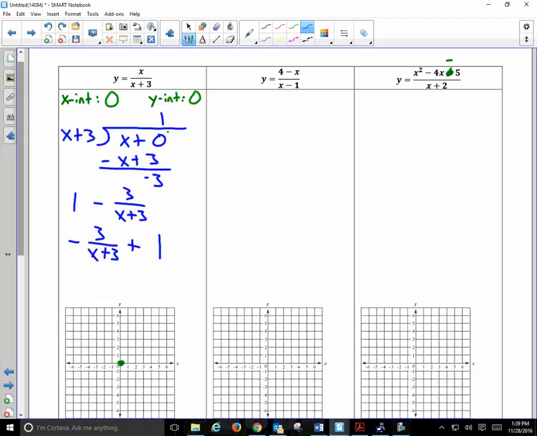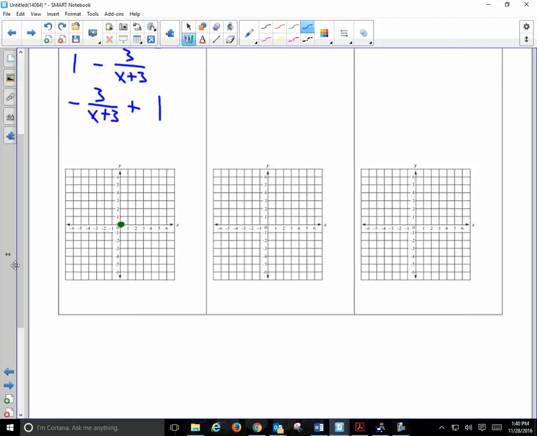Does that look familiar? It's just what we practiced for 10 minutes, right? So I took something that we didn't know how to do by simply rewriting it by using division. We can now graph that. That's a piece of cake to graph.